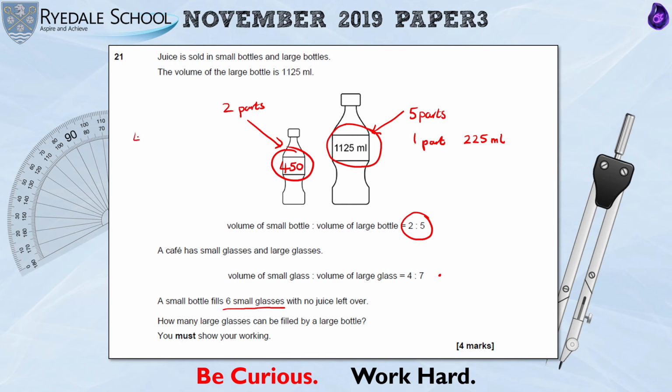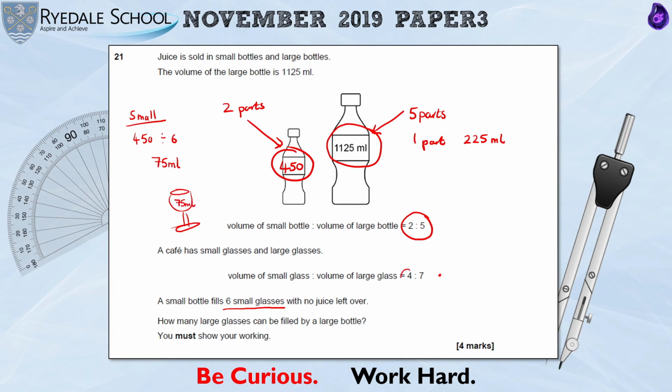So 450 divided by 6 will give us the volume of the small glass. 450 divided by 6 is 75 mil. So a small glass is 75 mil.